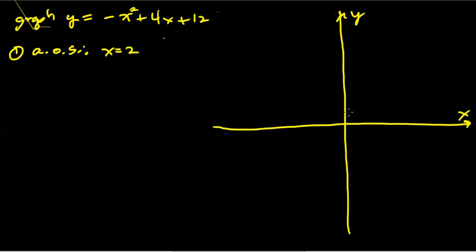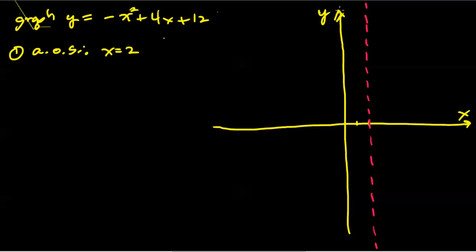Alright, so x equals positive 2. And let me do that in a different color. And of course it represents the vertical line about which the parabola has vertical symmetry. Okay?